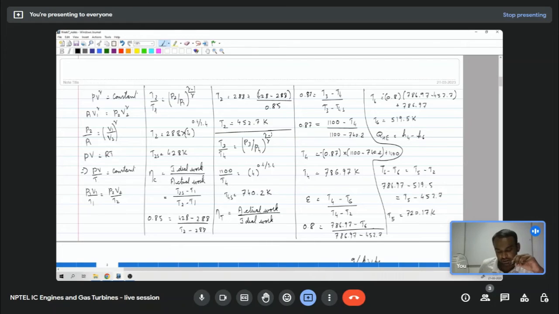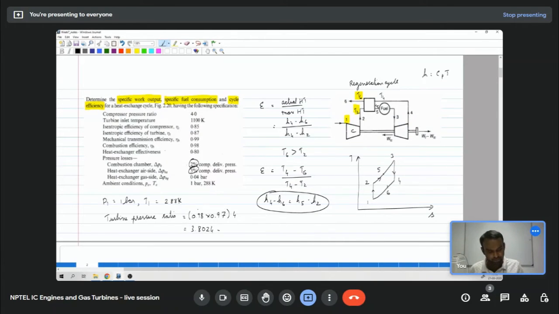We started calculating using isentropic compression in the compressor with the initial temperature of 288 Kelvin for a pressure ratio of 4. We found that the isentropic compressor outlet temperature is 428 Kelvin, but using the isentropic efficiency of 85%, the actual outlet temperature is 452.7 Kelvin. Similarly, the turbine inlet temperature is given as 1100 Kelvin, and we assume a pressure ratio of 4, though based on the losses it is actually around 3.804.